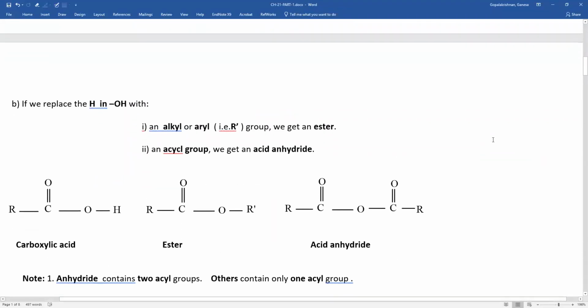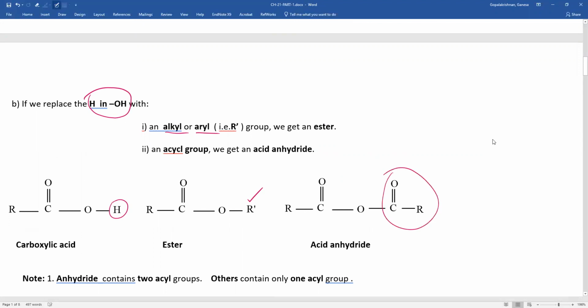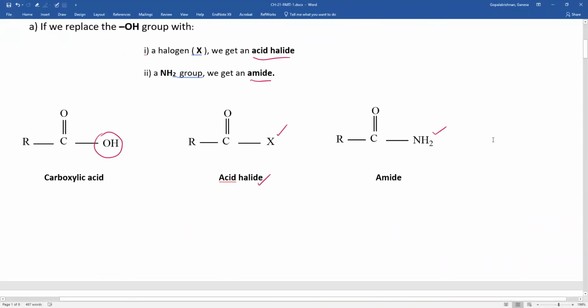Instead of replacing only the OH, if we replace the hydrogen and the OH of the carboxylic acid with another alkyl or aryl group, it is an ester. If we replace that hydrogen with another acyl group, it is an acid anhydride. Let us go ahead and examine each one of them.